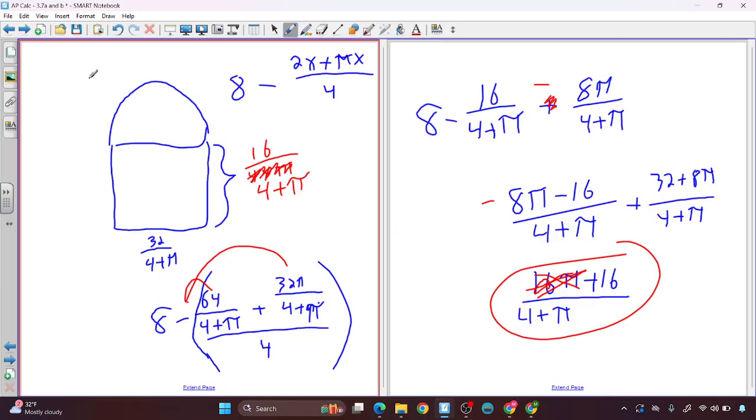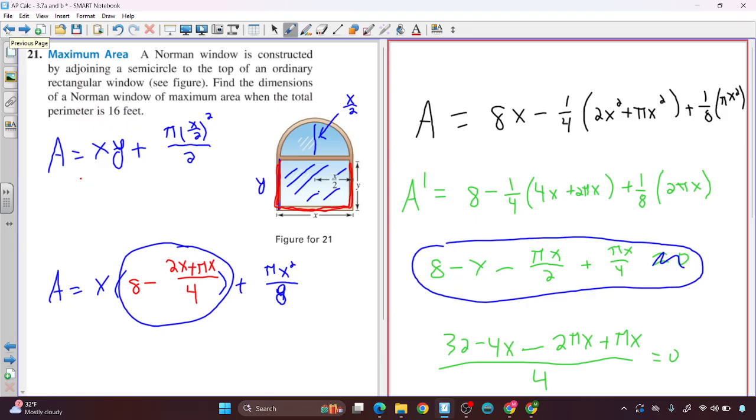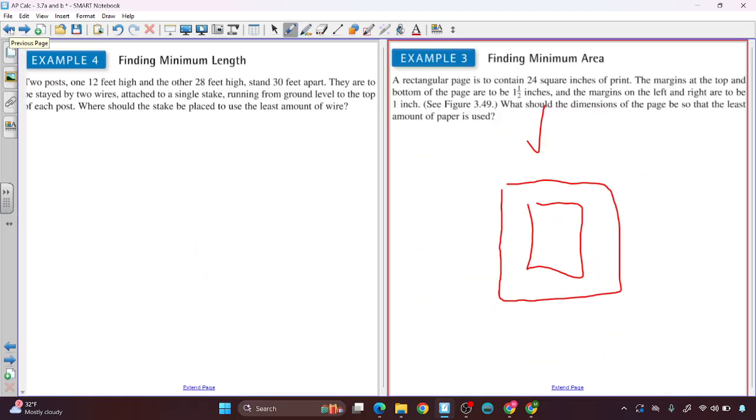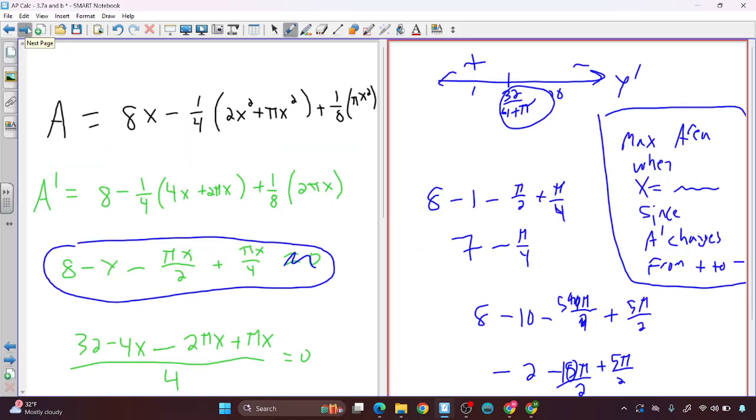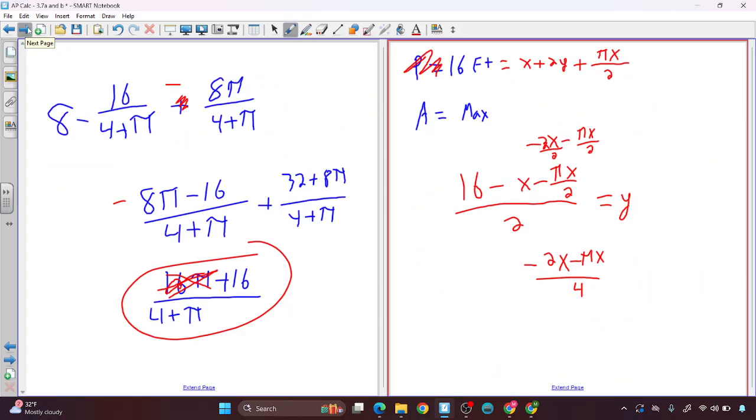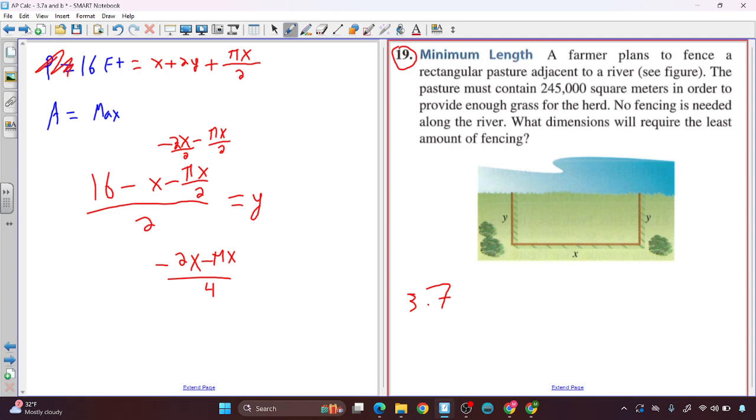So again, speaking specifically to this group, you're either going to have the rectangular page, the Norman window, which I think is probably hardest, and then somewhere in the middle, or maybe even easier than the rectangular page, a farmer with a fence.